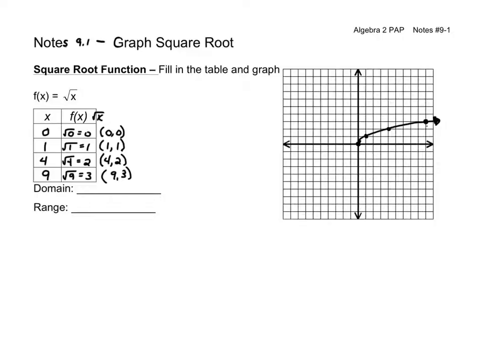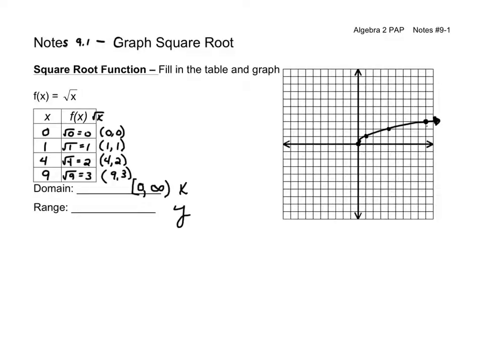Now when we look at that graph, we look at our domain and range. Remember, domain is the x values and range is the y values. The lowest x value is 0. So we have the square bracket with the 0. And it will go out all the way to the right, so that would go to infinity.